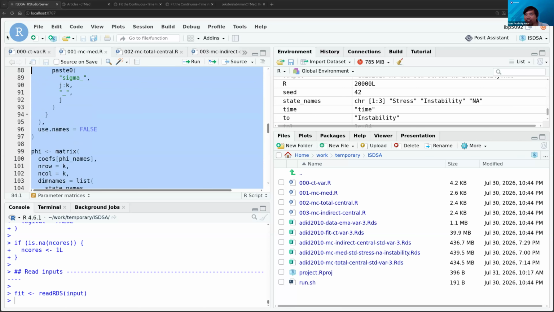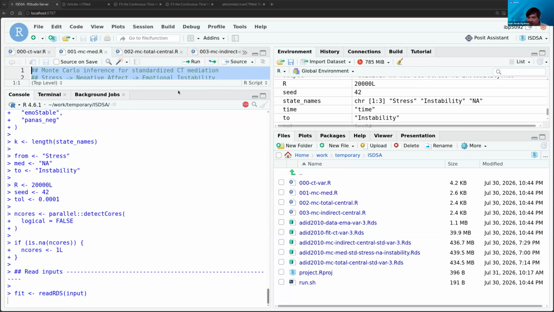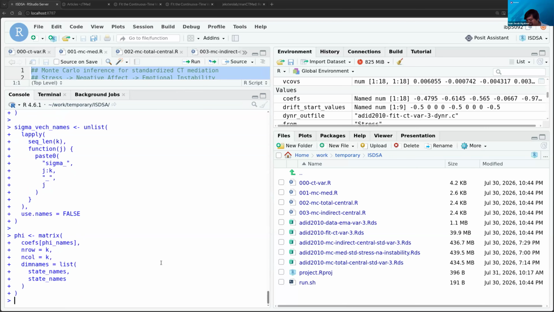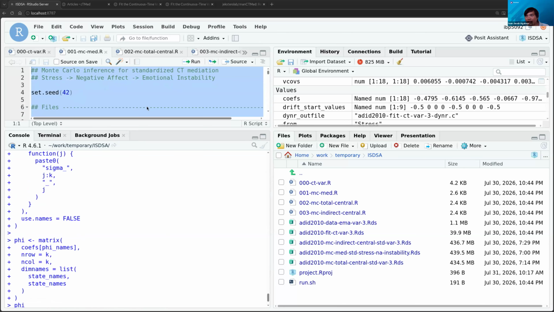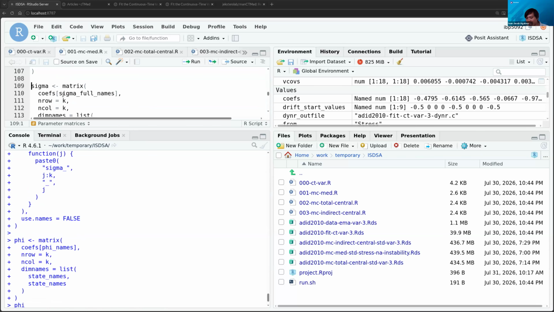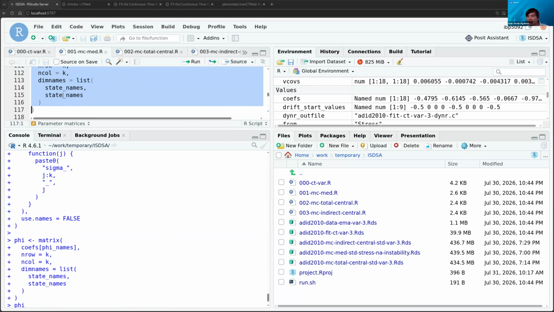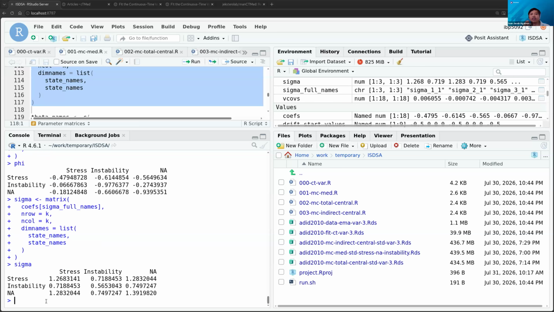I will just extract. So basically what you need from the fitted continuous time vector autoregressive model would be the phi matrix, which is basically the associations between the variables. And because I'm using the standardized version in terms of calculating the total, direct and indirect effects, I also need the process noise covariance matrix sigma. So you need to extract the phi, which is the associations, and then the process noise variance covariance matrix.